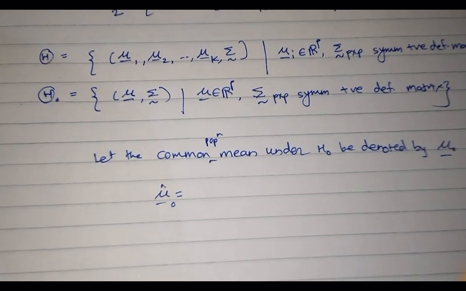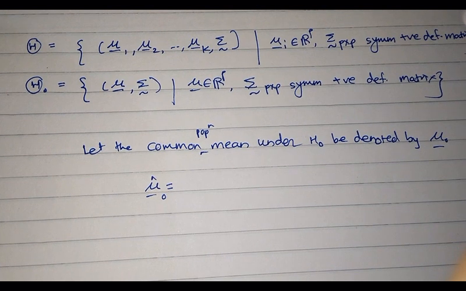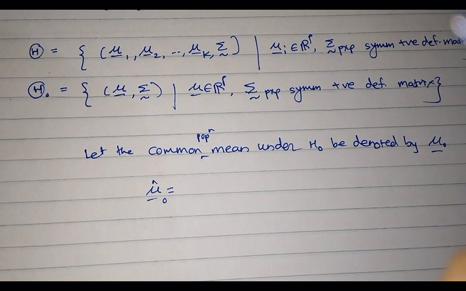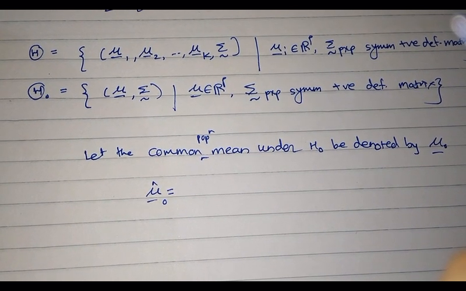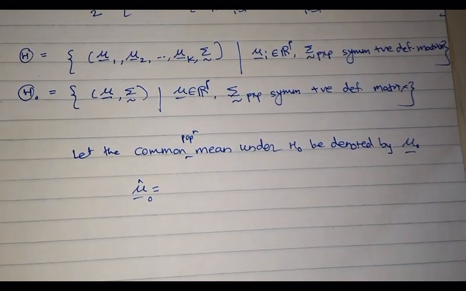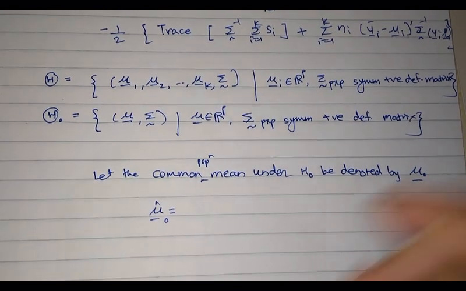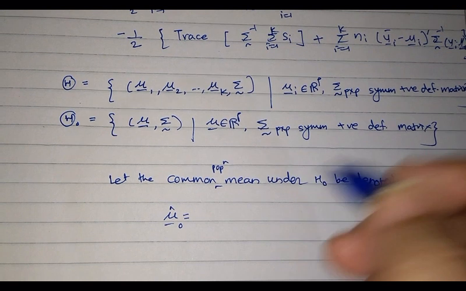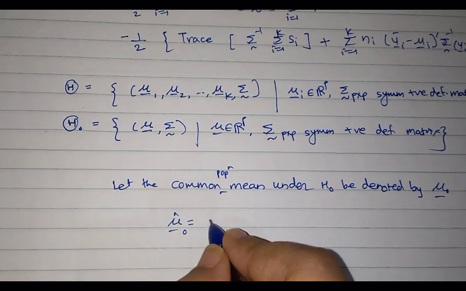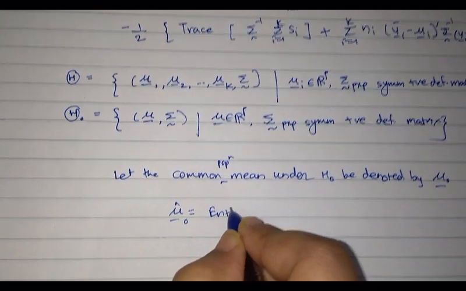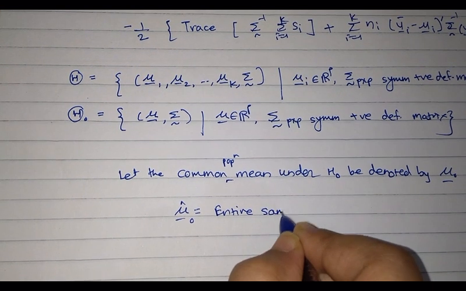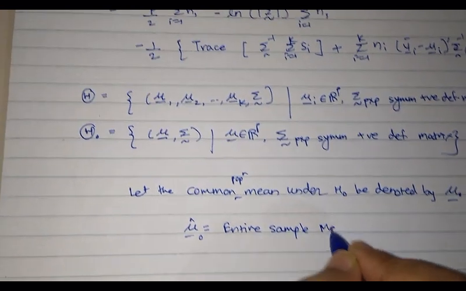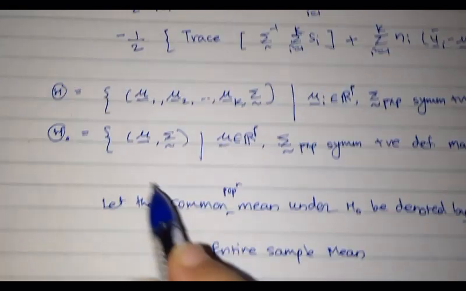So under H0, since all of them are the same, you can try to see that the MLE turns out to be simply the sample mean over the entire sample. Why? It's very obvious. Let me explain again in case you have missed it.